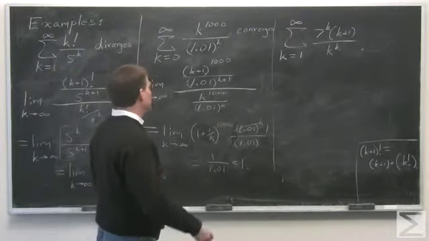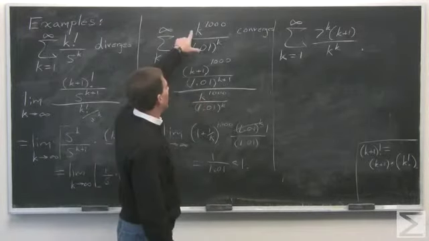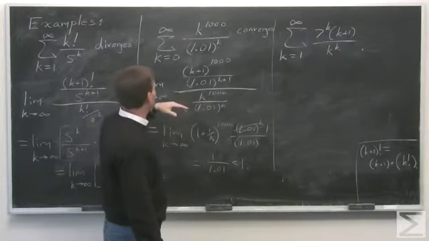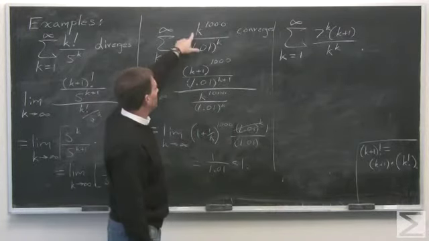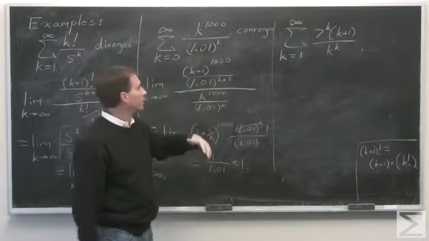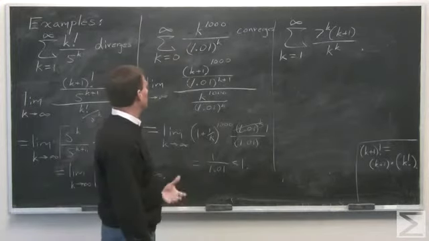That converges. It's part of what you're supposed to look at in this example: wow, this k to the 1,000th power looks really big when k is 2. Up here you have 2 to the 1,000th power, and down here you just have 1.01 squared. So the numerator looks much bigger than the denominator for small k.